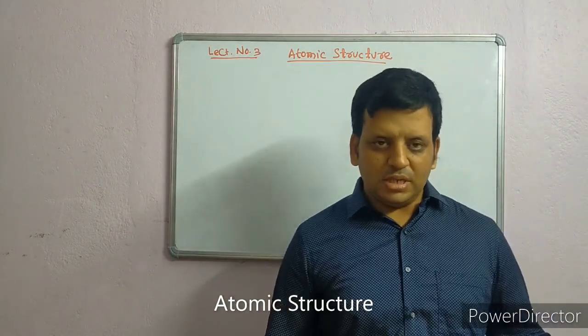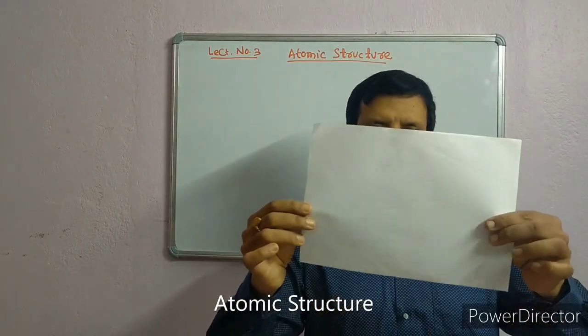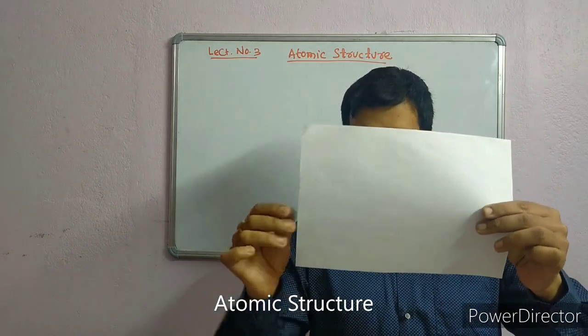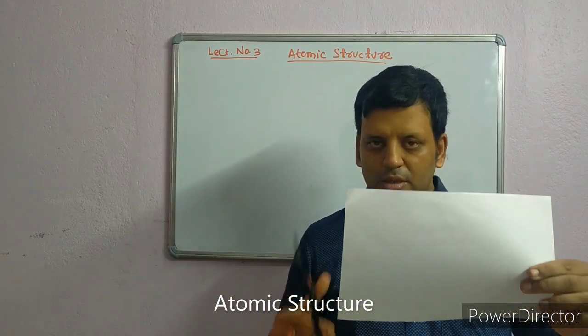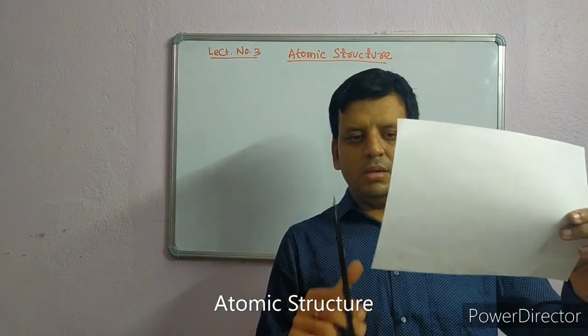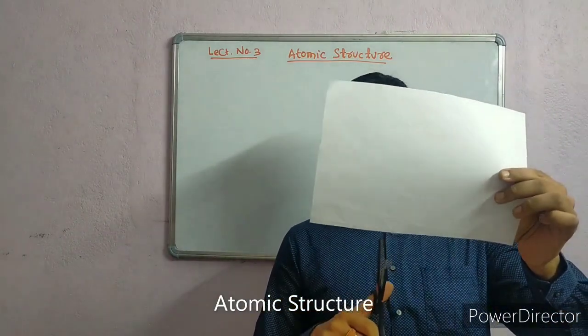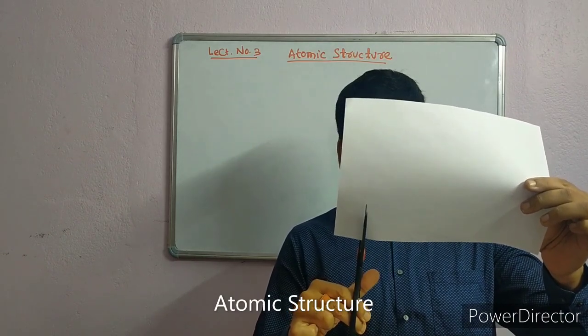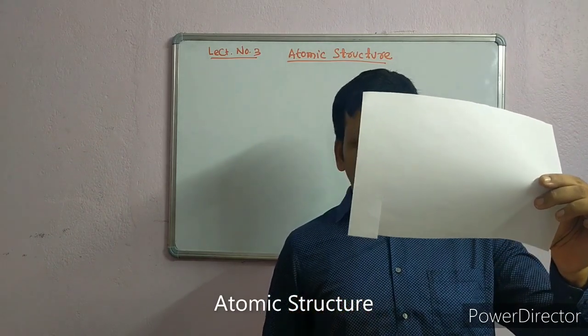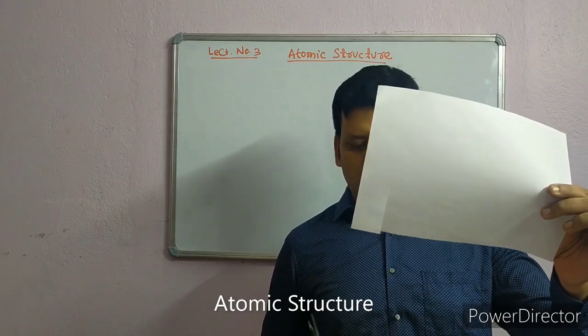Okay, so all of you can see this paper. It's a piece of paper, and I am having a pair of scissors with me. Just let me try to cut it. Very much I could cut it.